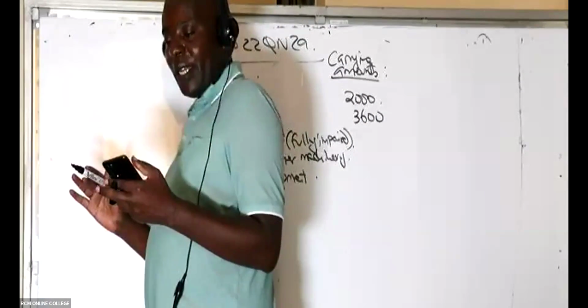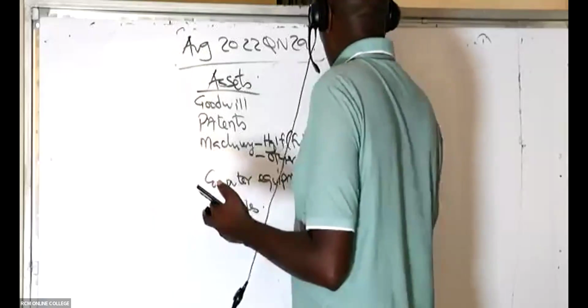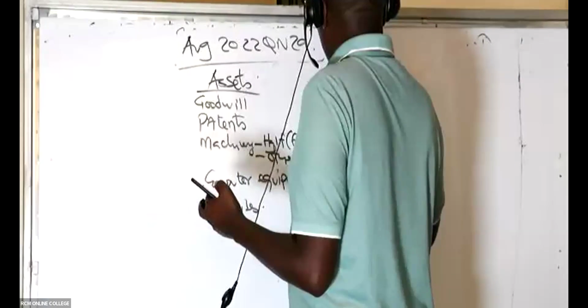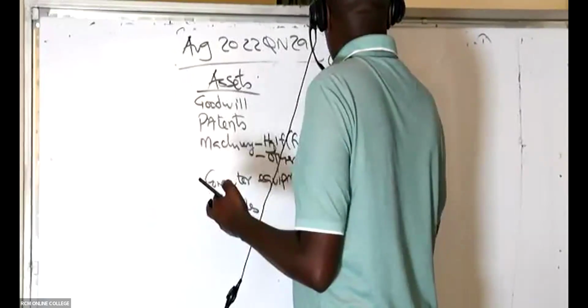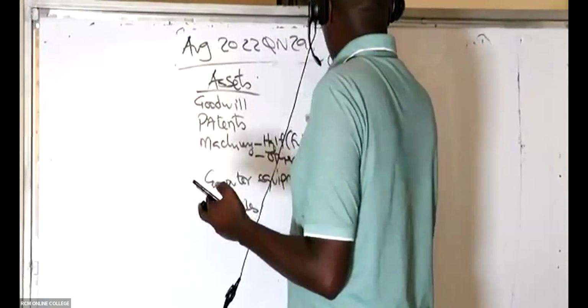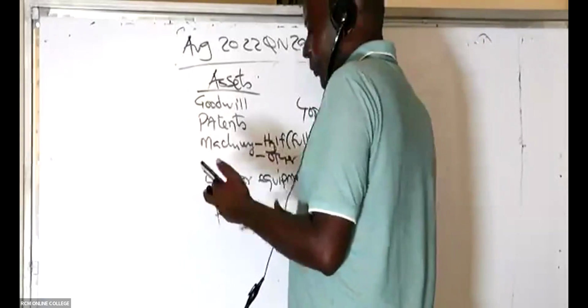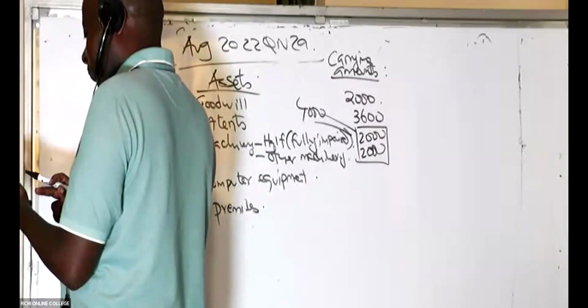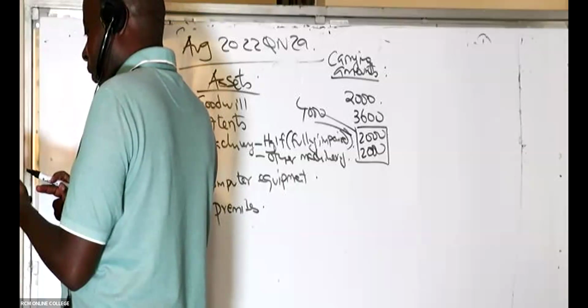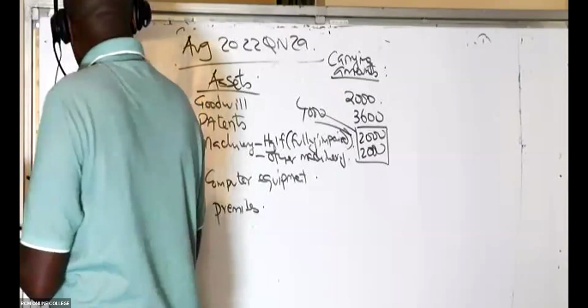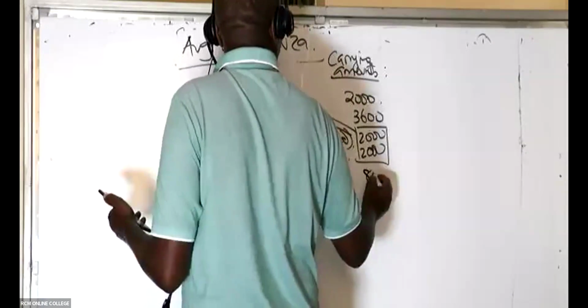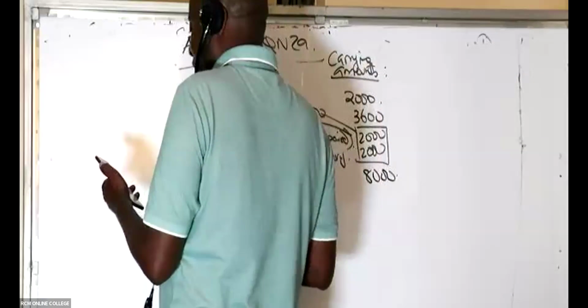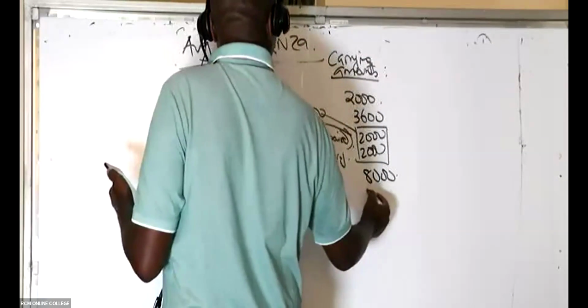We have to separate the fully impaired. So half is 2,000, and the others will be 2,000, so that these two give us 4,000. Then we have computer equipment, 8,000, and premises, 30,000.